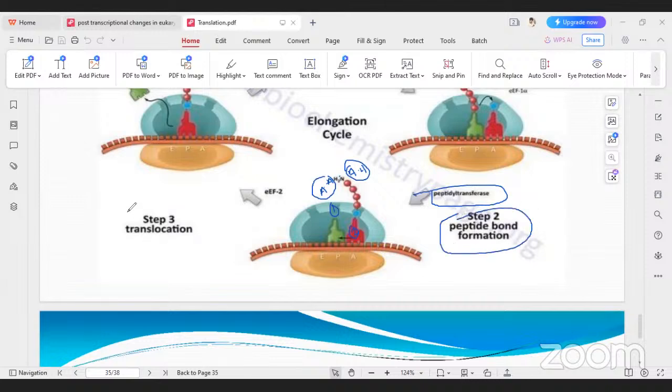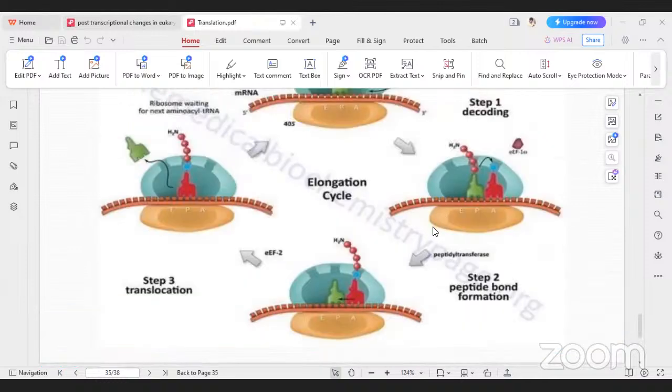Now the third step is translocation. Translocation means the first tRNA, the green one, is separated.